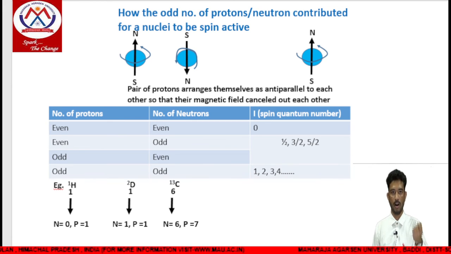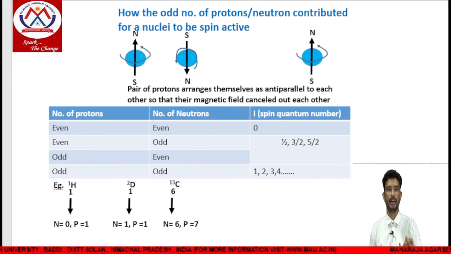Whenever we have an odd number of neutrons or an odd number of protons, there is no pairing, meaning they have some amount of magnetic moment, and such nuclei are NMR active. For example, hydrogen has 0 neutrons and 1 proton, so an odd number of protons.